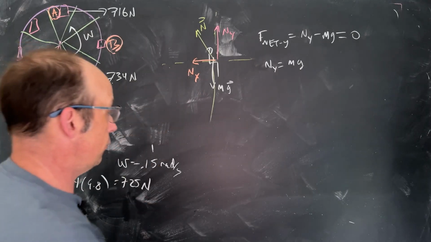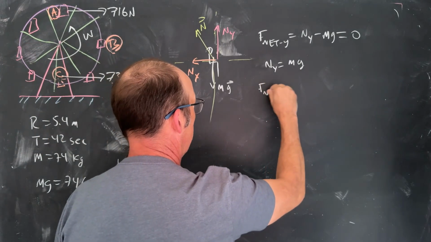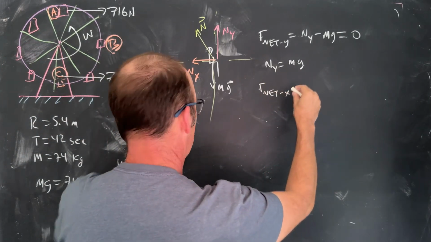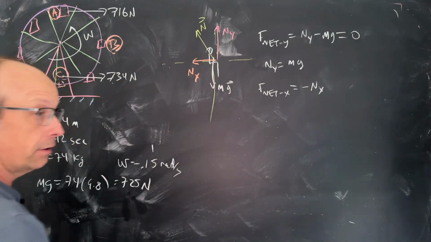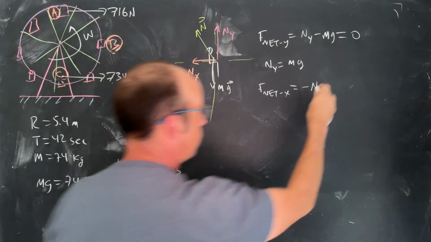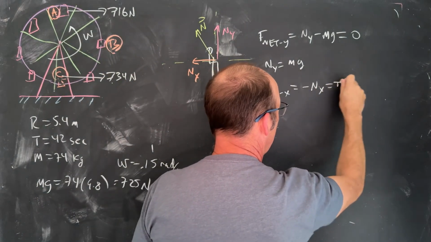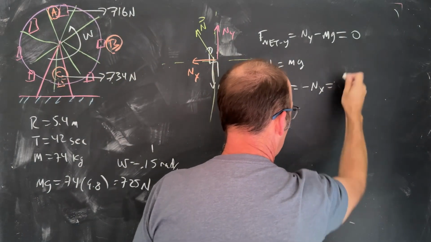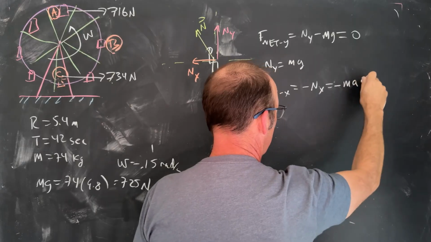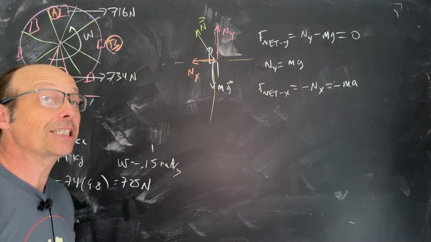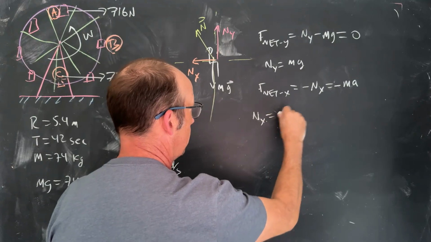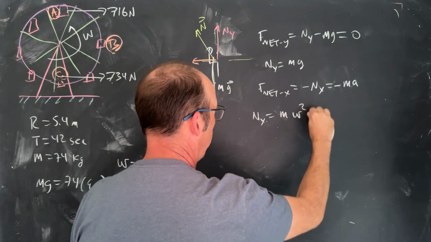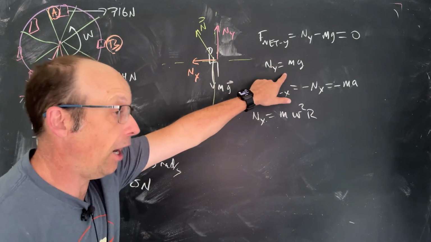Now in the x direction, I can say F net in the x direction is going to be equal to negative n x the way I drew it. And that's going to be equal to negative mass times acceleration. And that acceleration is centripetal acceleration. So the negatives cancel, and I get n x is going to be m omega squared r. So now I can calculate n y.